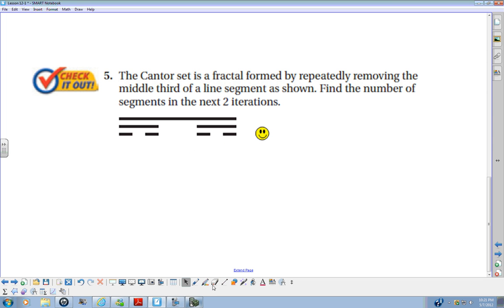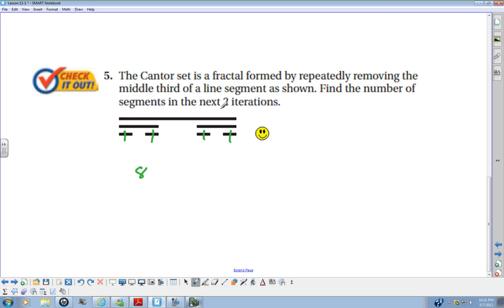So if I cut the middle out here, here, here, and here, now I've divided that and I have 2, 4, 6, 8 on my next one.